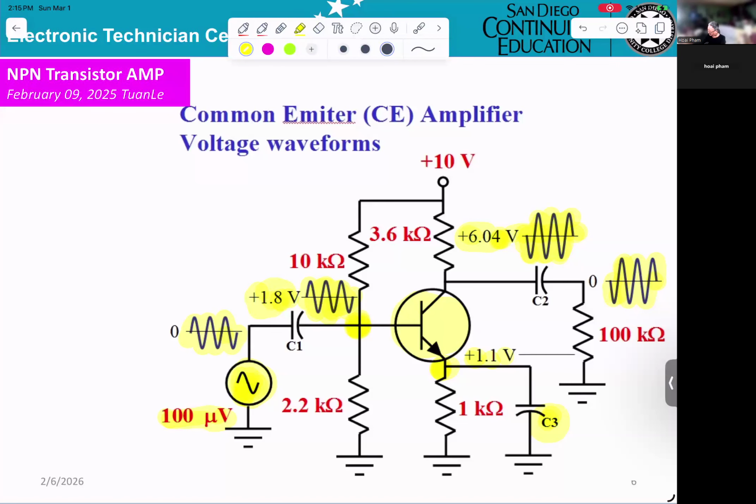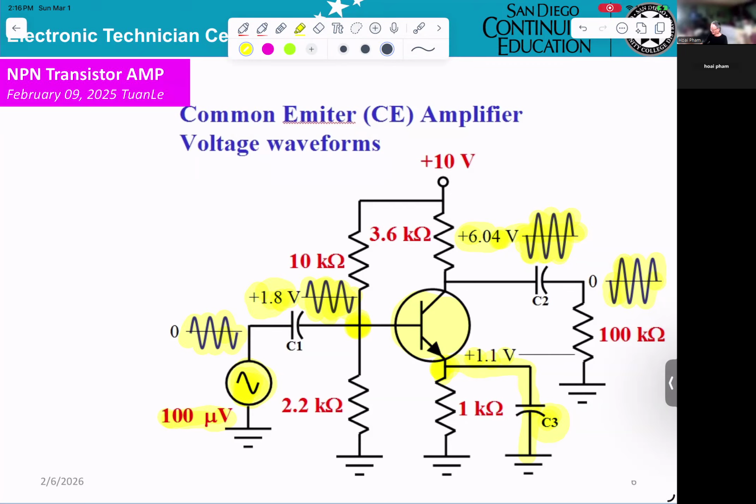That means for AC, capacitor C3 will be shorted. So that means AC at the emitter will go to the ground. That's what we call a bypass capacitor. Okay?